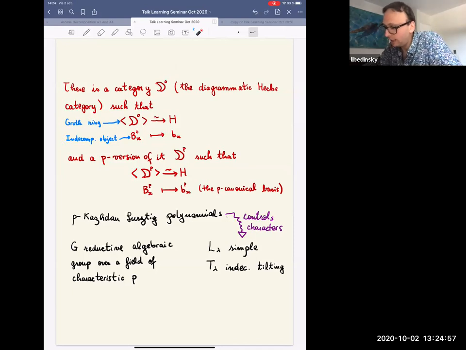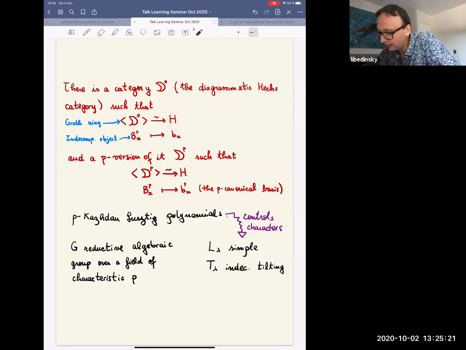And so they have this that I put a 0 because there is a field that you have to define it over, or even over more general rings, but let's say a field. And you have that the Grothendieck ring of this monoidal category is isomorphic to the Hecke algebra.